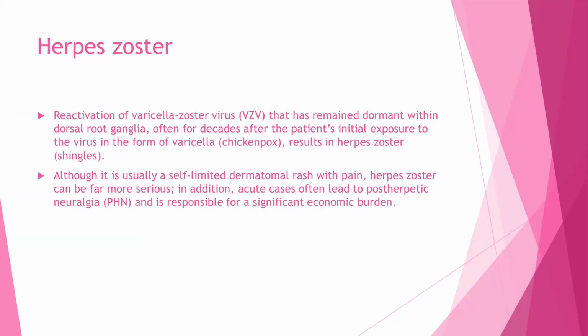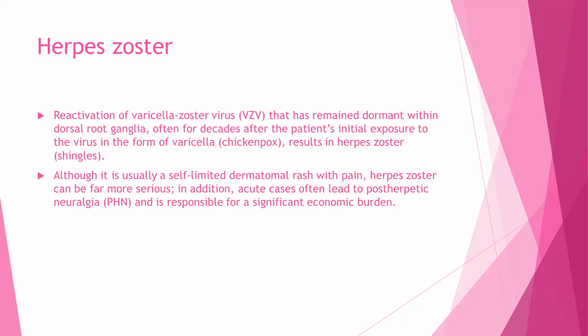Then herpes zoster. The varicella zoster virus of chickenpox becomes dormant in a dorsal root ganglion, and after decades it may become awakened or stimulated by advancing age or decreasing immunity, and it may result in herpes zoster.